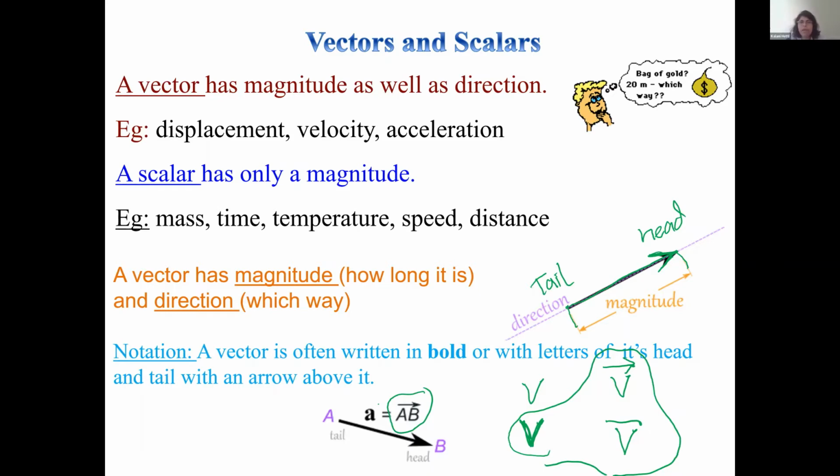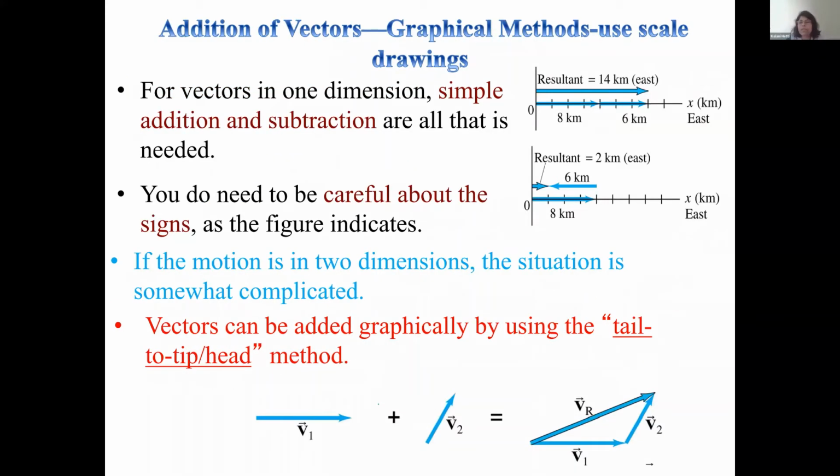Okay, so now we're going to go to the addition of vectors. In your class, our main focus is adding and subtracting vectors, but vectors have different algebra, multiplication and divisions that we are not going to talk about in your class. So for vector addition, we're going to discuss two methods. One is the graphical method.